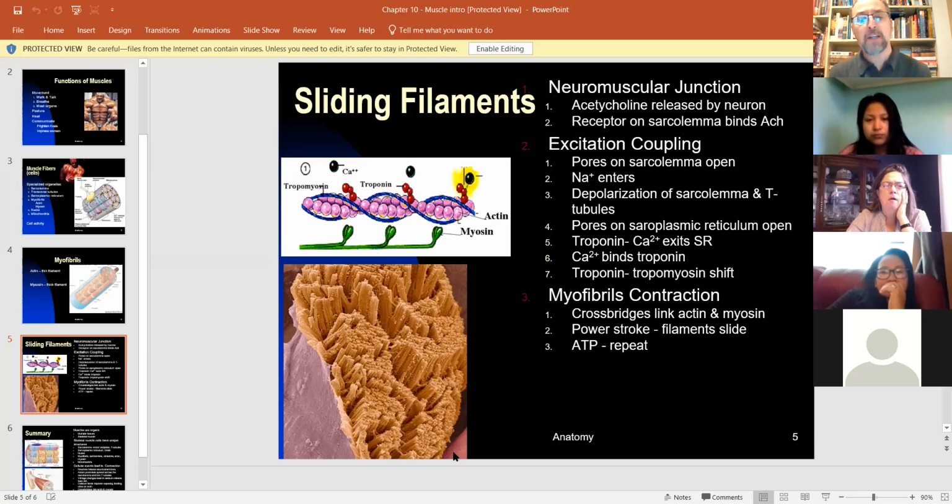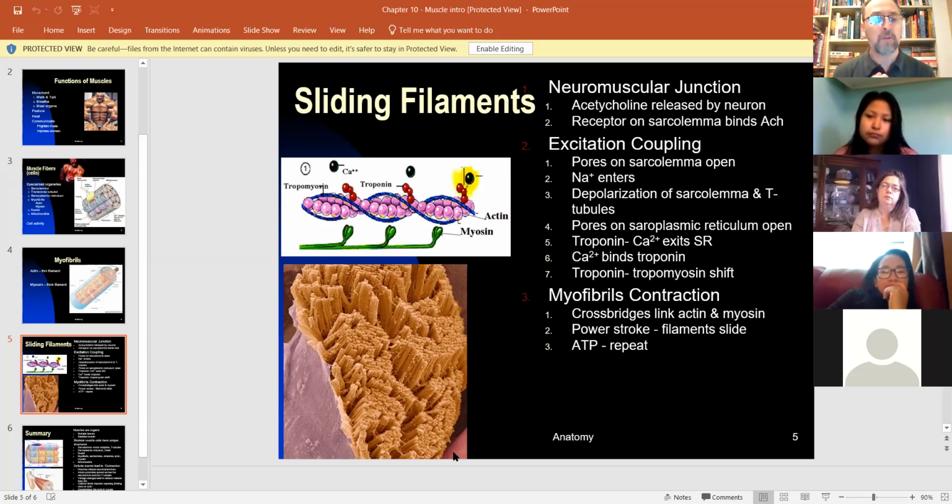Okay, and so lots of this kind of sequence of events here is to encourage the release of calcium ions, and then how we get to the release of calcium ions, how calcium changes actin, and then actin and myosin interact.